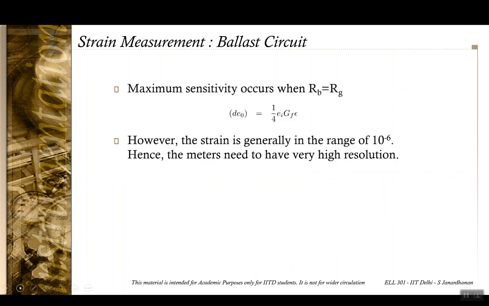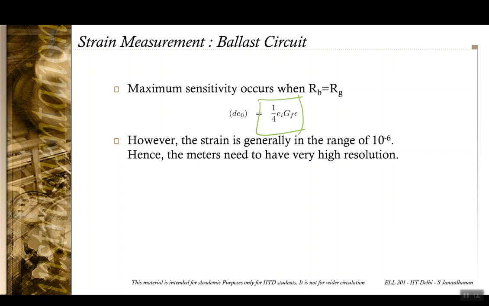Now the maximum sensitivity occurs when both the ballast resistance and the strain gauge's unstrained resistance are equal, and that would be this expression: 1/4 Ei times GF times epsilon.